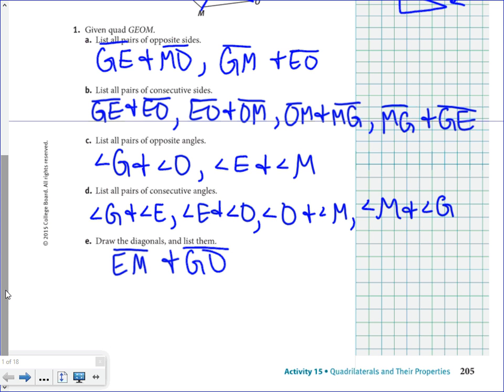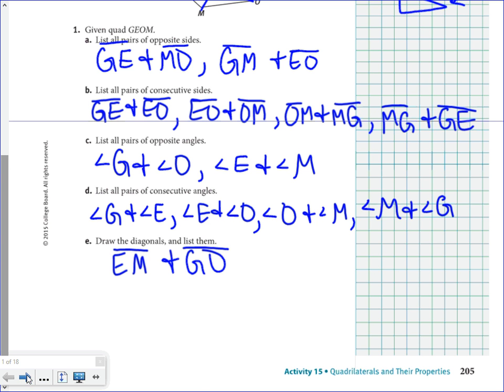And some people have asked, does the order of the letters here matter? No. Your variables and the order does not matter on these. You just got to make sure you have them paired appropriately. So that's opposite sides, consecutive sides, opposite angles, consecutive angles, and diagonals. And we're going to be using those terms throughout activity 15. So that's why they wanted to start with making sure you understood those concepts.